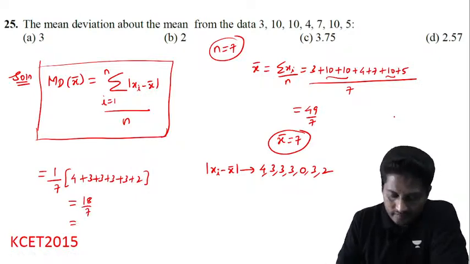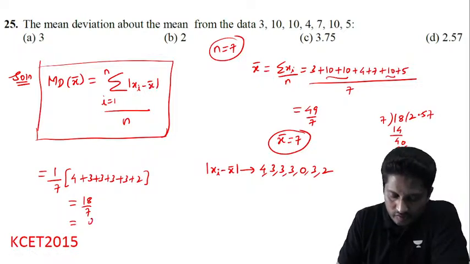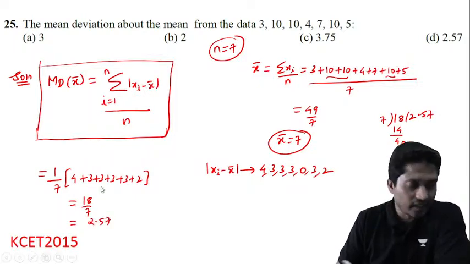Okay, now 18 divided by 7, 7 2s are 14, 5, 7 5s are 35, okay, 7 7s are 49.57. Okay, answer is option D.